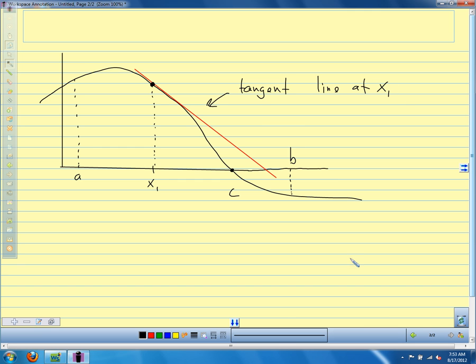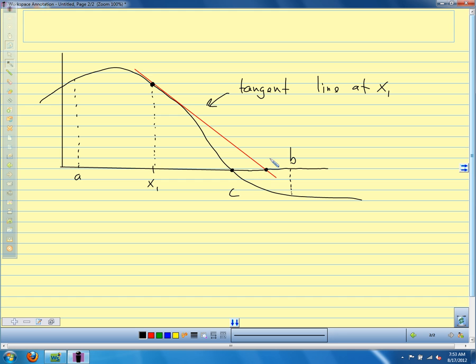And we're going to write an equation for the tangent line, and we're going to use this x2, the 0 of the tangent line, as our new estimate for the 0 of the function. And usually that 0 of the tangent line is a better estimate for the 0 of the function.